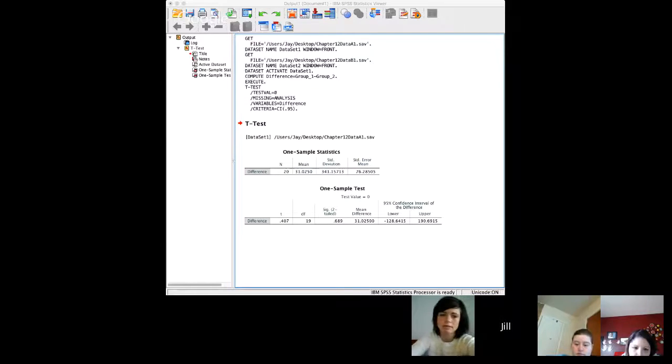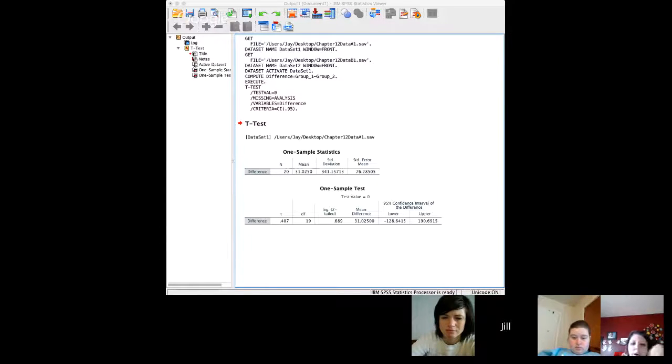Okay, and then the p-value, it's a two-tailed test, right? So we're going with 0.689. Yep. Okay, so the alpha is 0.10. Wait, the what?